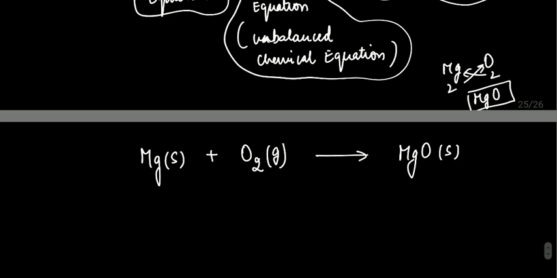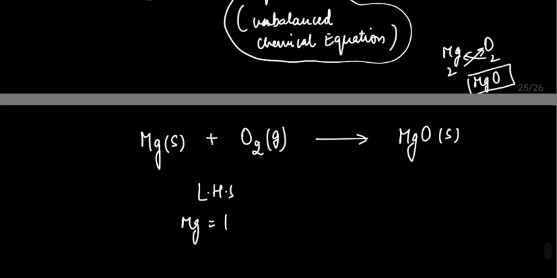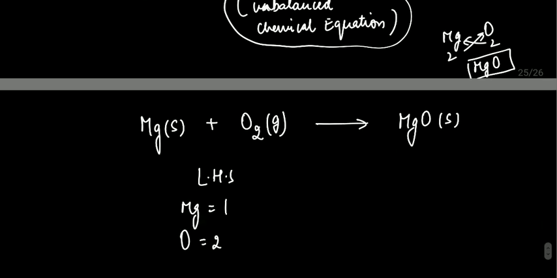Now if you see over here on the left hand side of the equation, magnesium atoms are only 1, oxygen is 2. If you can see this number. When you are balancing the number of atoms on both sides, when I say the term balancing, meaning magnesium atom is 1, over here it's also 1.